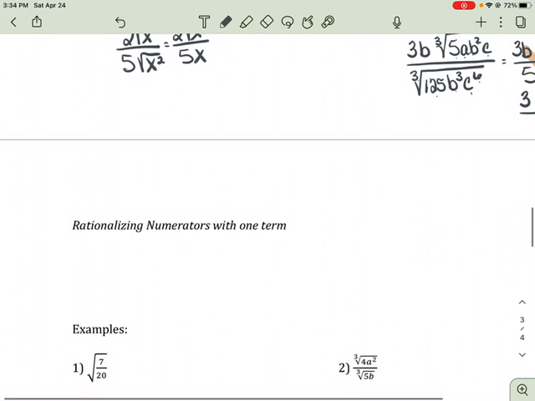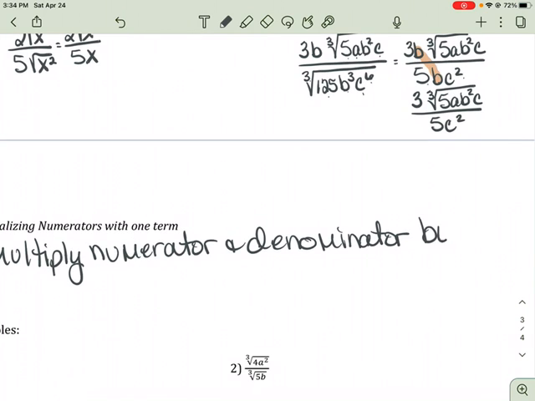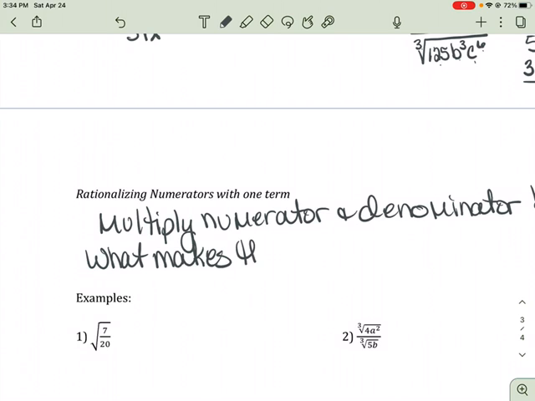So we're going to multiply numerator and denominator by what makes the numerator perfect.